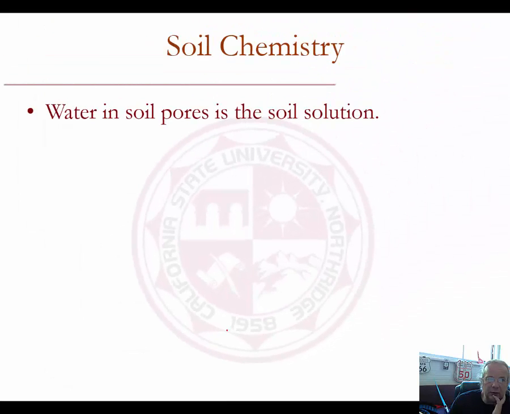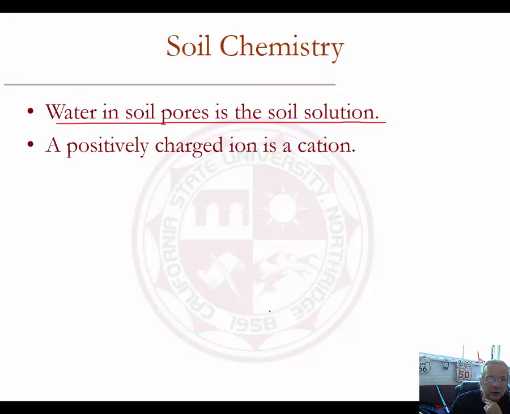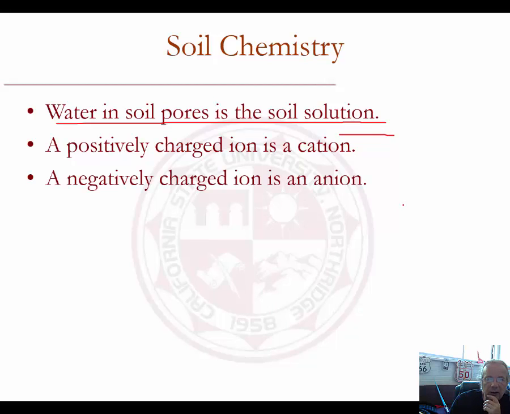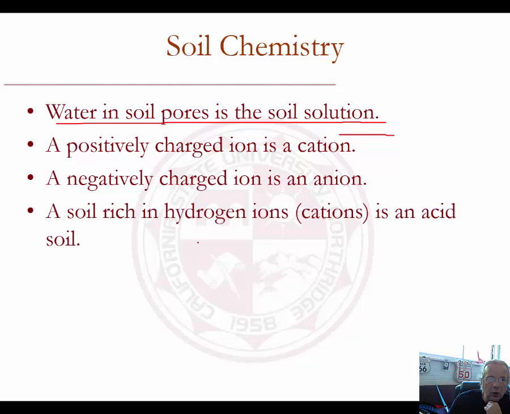Soil chemistry refers to a number of things. Water in the soil pores is the soil solution, and so you can draw water from the pores in the soil to get the soil solution. We won't go too much into the chemistry of all of this, but I thought I would throw a couple of these slides up here so you can be reminded of this.